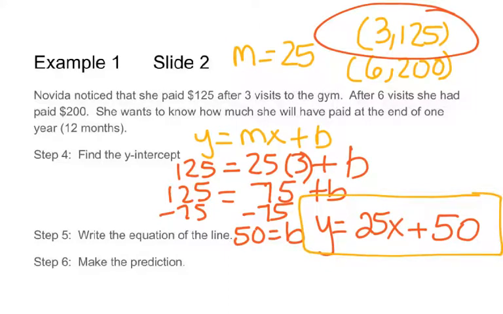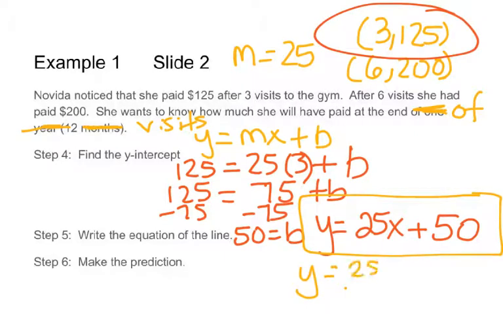We're going to make a prediction. Remember, we're going to do this. How much should she have paid at the end of 12 visits? And X was what we represented visits by.